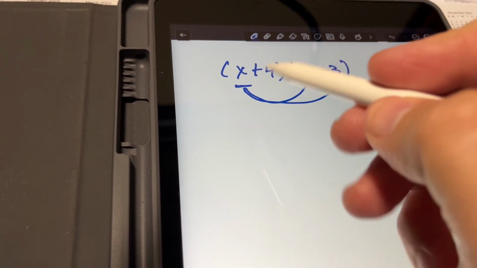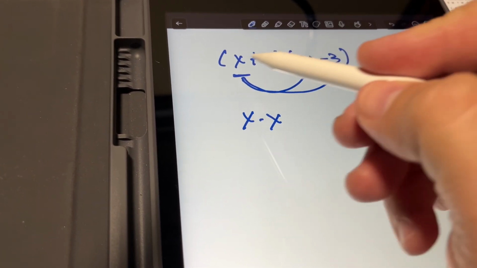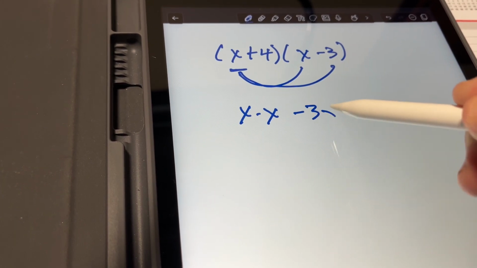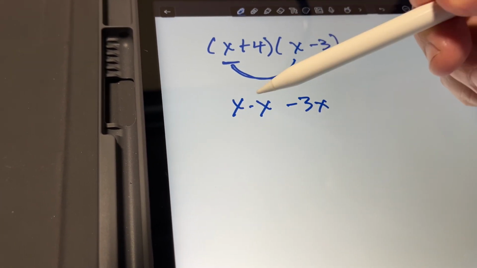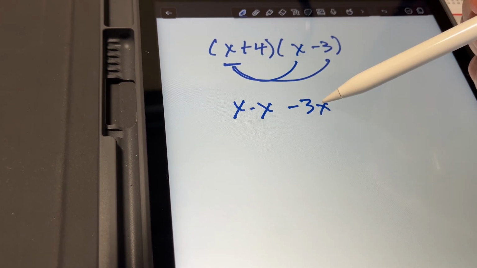Let's do that. So x times x, I'm just going to represent it right now. So x times x, and then x times -3. So x times x is going to be multiplied here, and then x times -3 is -3 times x.